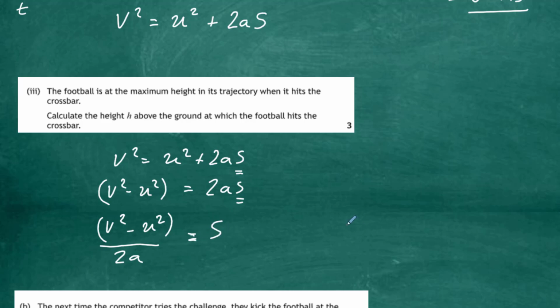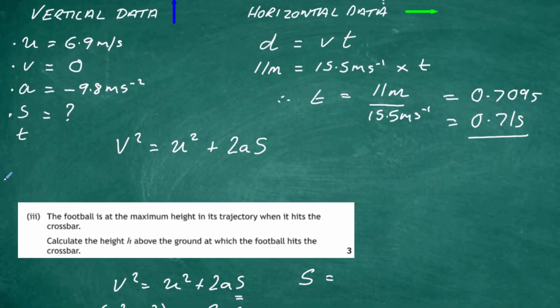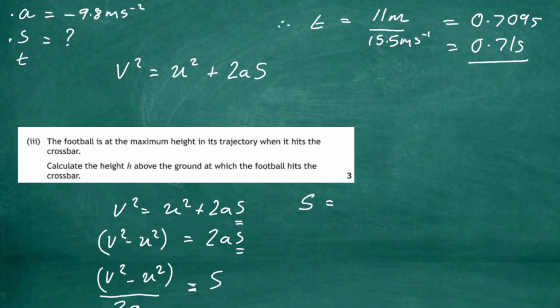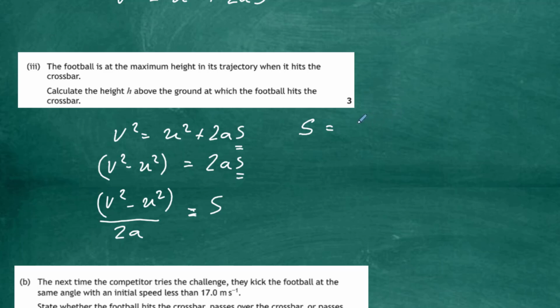So all we have to do is plug in the numbers now. S is going to equal V squared minus U squared. Well, we know from our table V is going to equal 0 and U is going to be 6.9. So it's going to be bracket 0, take away 6.9 squared, and I'm going to divide that by 2 times the acceleration of gravity.